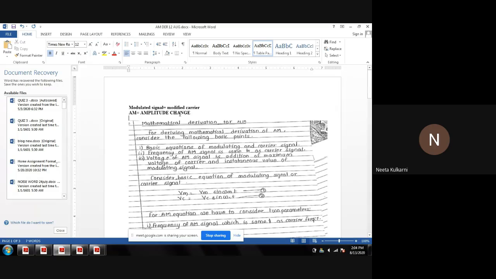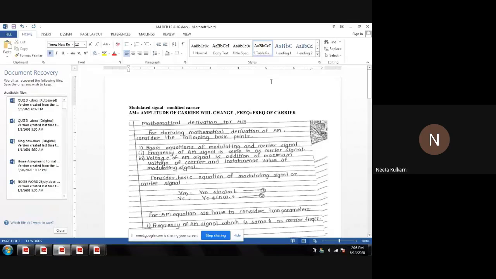Amplitude of carrier will change, whereas ह्या AM सिग्नलची फ्रिक्वेन्सी ही कशा एवढी असणार आहे? The frequency will be same as frequency of carrier.